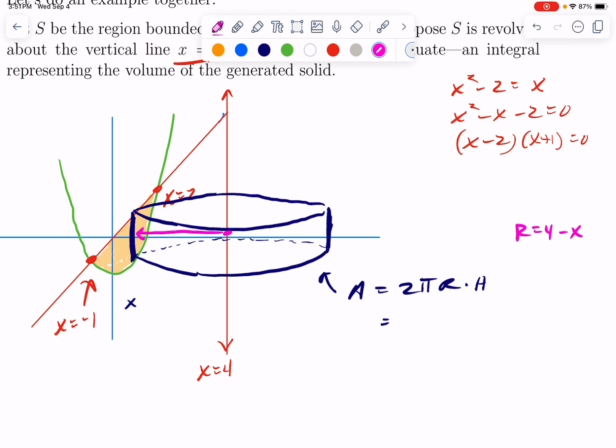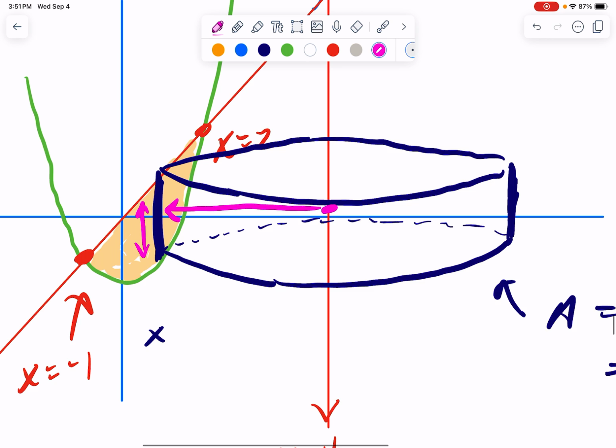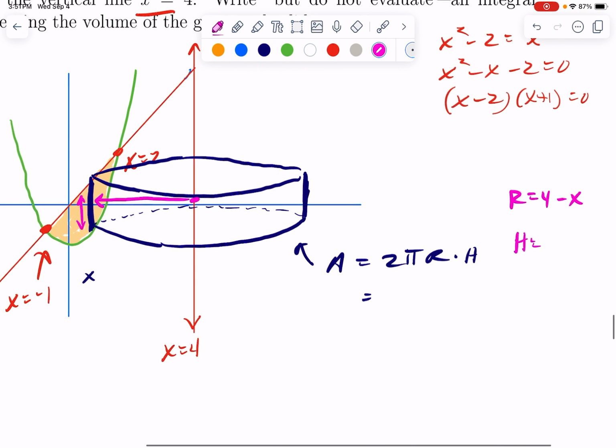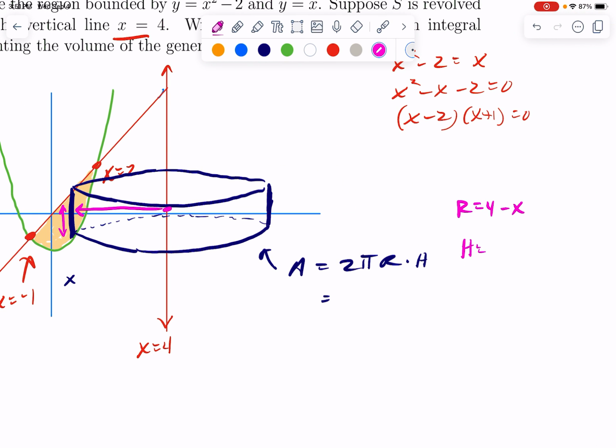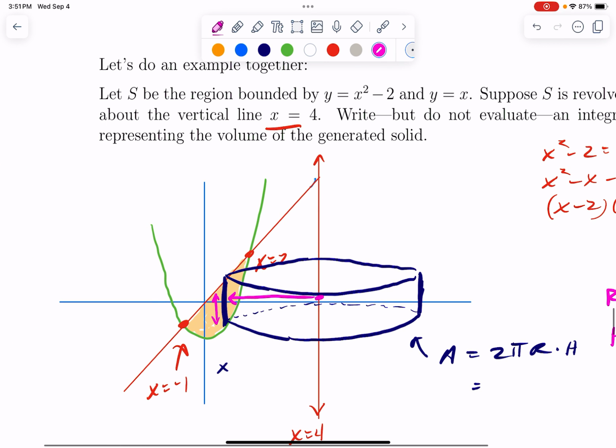Our height would be this vertical distance. That vertical distance would simply be the difference between what we get on the top, which is x, minus what we get on the bottom, which is x squared minus 2. If I had named these with functions, right, here's g of x, here's f of x.